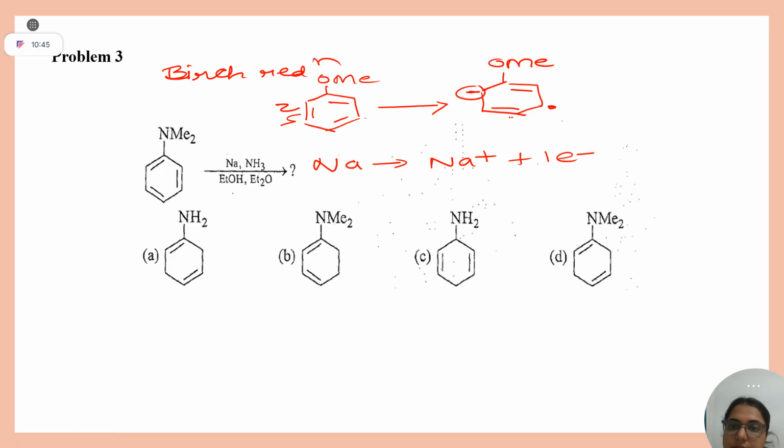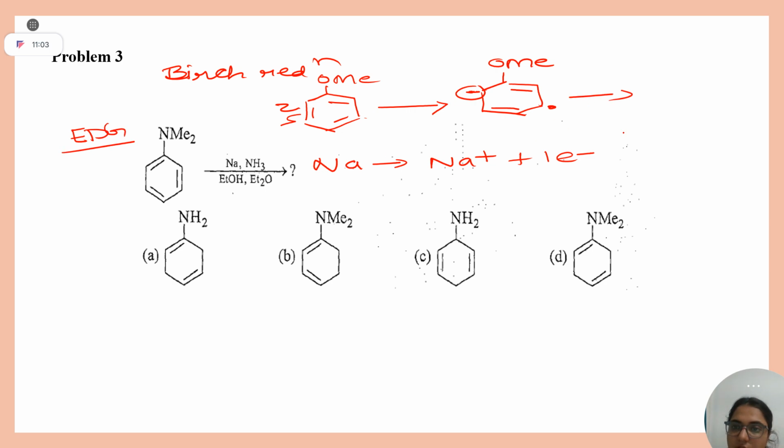And now, students, I'm giving the example of anisole. The same principle is applied here as well because the benzene ring is substituted with an electron donating group. So the same principle will follow here as well.